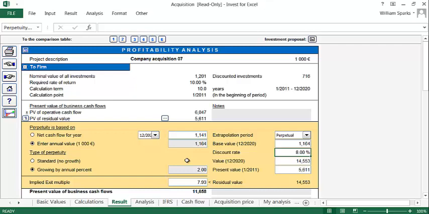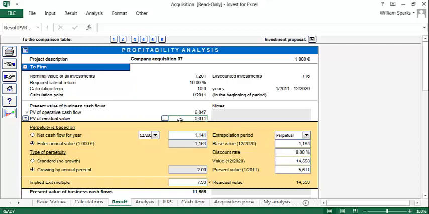Also just for information. Then this 14.5 million, 14,553, of course, will be discounted to this day. And this day is now beginning of 2011. So we get the 5.6 million in today's money. And that's the same number as you see in the white cell above.